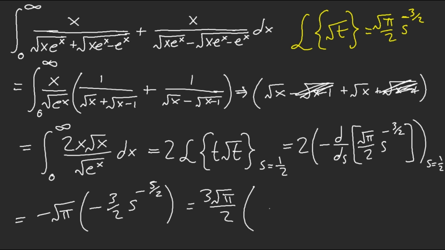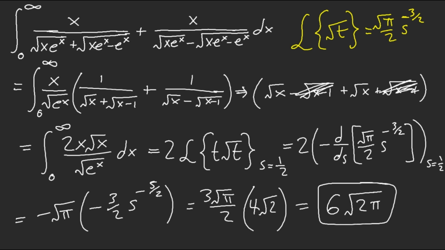So now this is 2 to the power of 5/2. So now 5/2 is the same thing as what? I'm too lazy. I'm just going to go like this. And then, okay, now it's easier for me to see that this is 4 root 2. So now this answer is equal to 6 root 2 pi. And that is our answer.